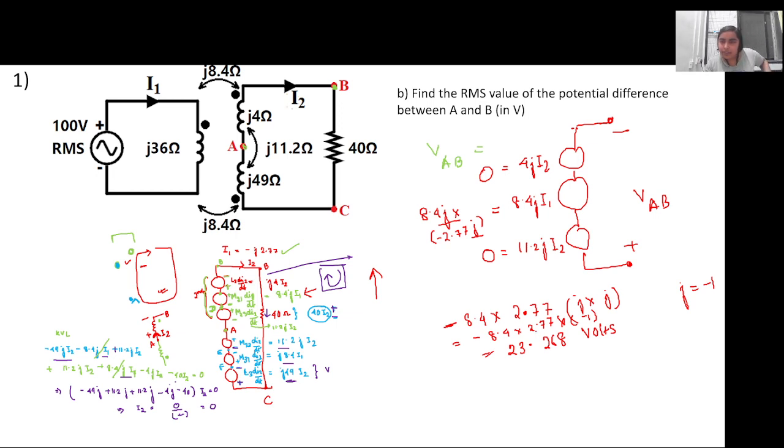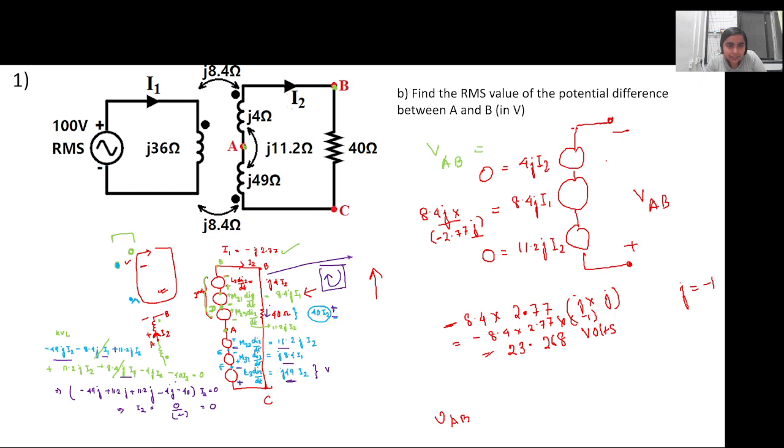Let me see if I did it correctly. One second, VAB. Oh, I think it will be minus. Okay, I get it. Yes, ma'am, it will be minus, because of the direction of this voltage.